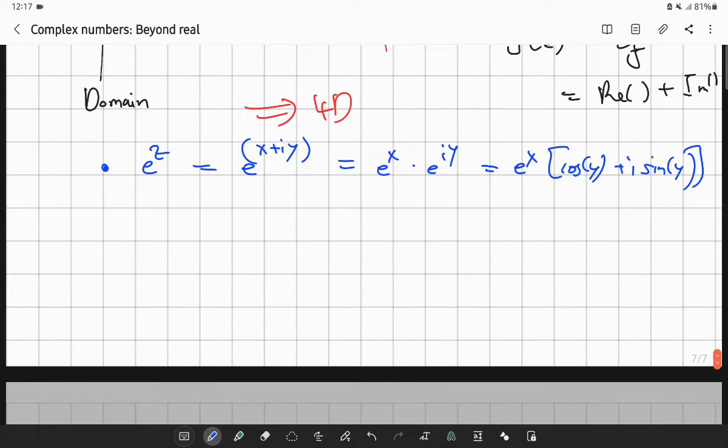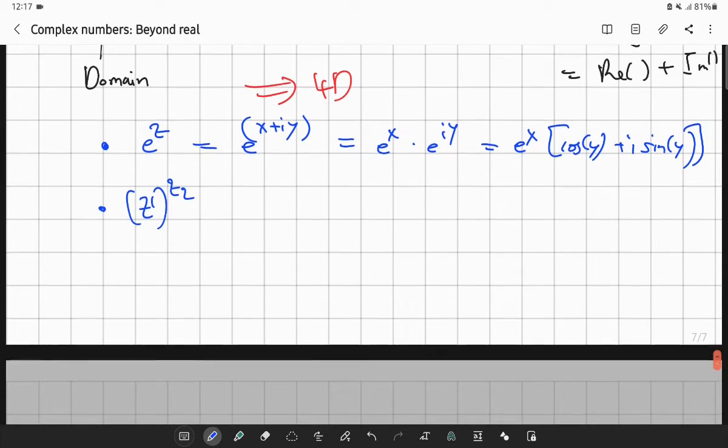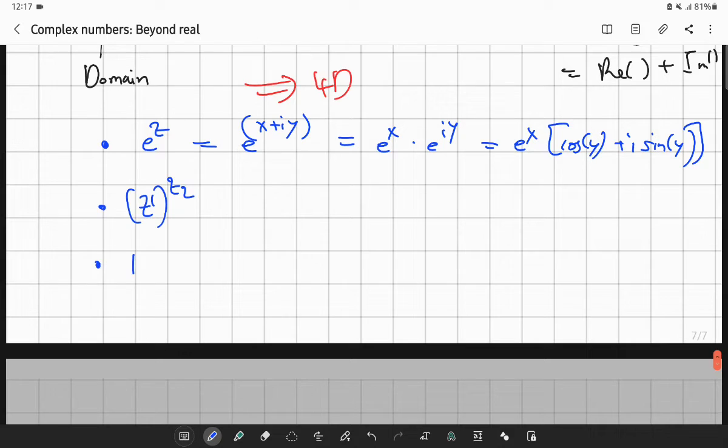And the next one is a complex number raised to another complex number. Now this is a little bit complicated, and to calculate this we need to first look at another function, which is ln z, and ln z is equal to ln of x plus iy.